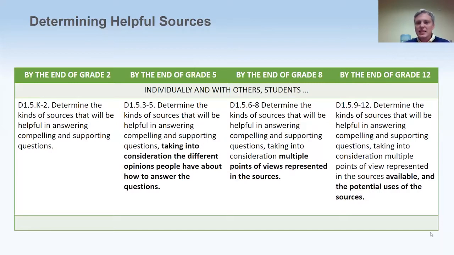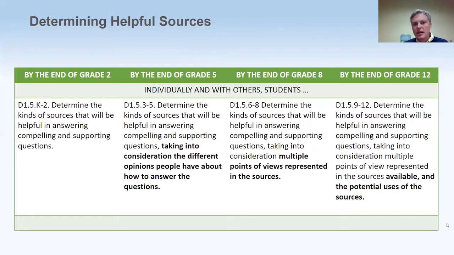So really, we're taking a skill that is very relevant to how students interact as citizens in a democracy, or as adults interact as citizens in a democracy. And we're showing that in history, social science, we're building those skills from the start in kindergarten, and they're progressively getting more and more sophisticated as the students progress through their education.